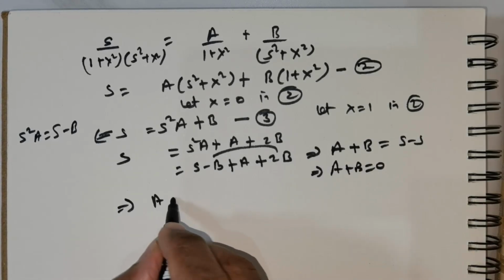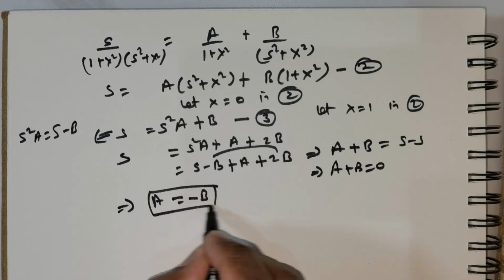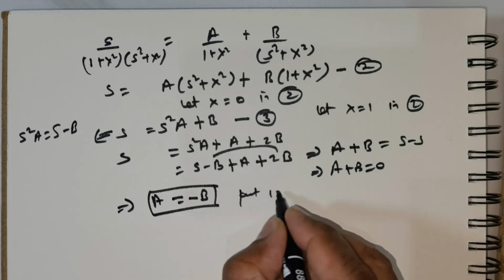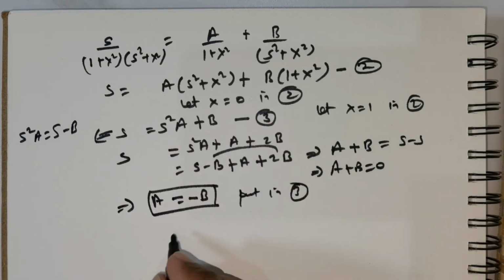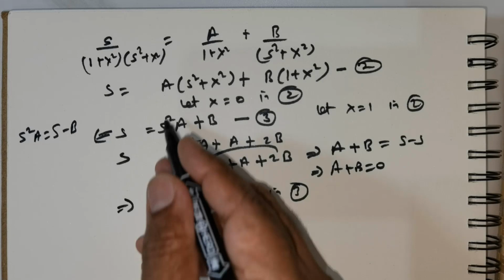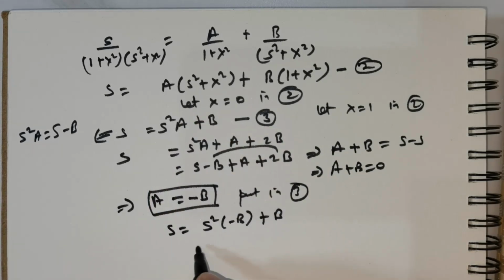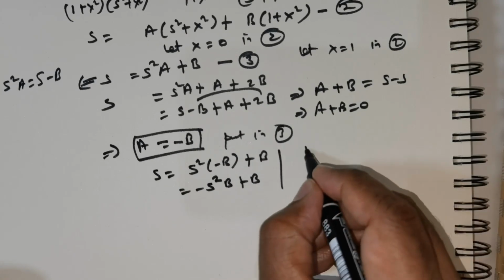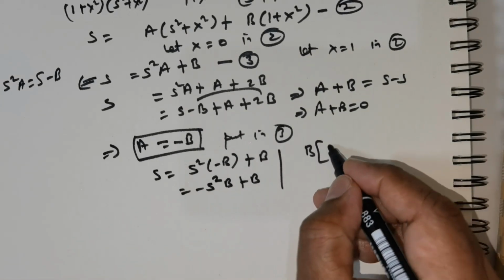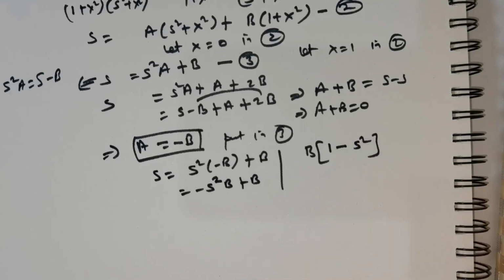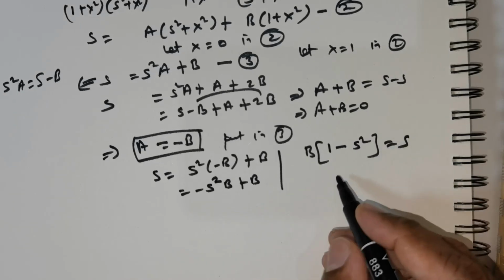So this would mean A is equal to −B, right? So A is equal to −B, I want to put this in 3. So what happens? I get s is equal to s² times (−B) + B. So this is going to be −s² B + B. If I take B out, this will be (1 − s²) times B is equal to s.